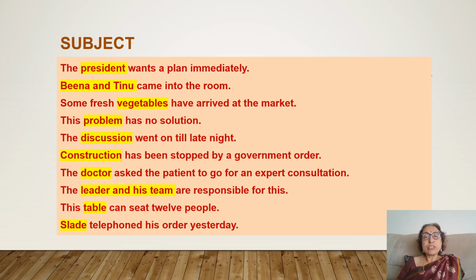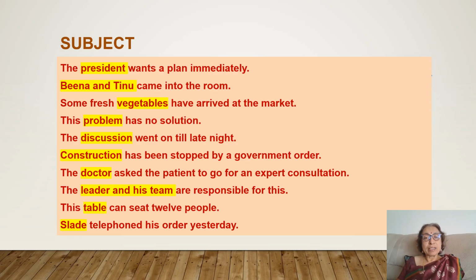In the next few slides, we shall see examples of each of the noun functions. As you can see, I have put the noun, which is the subject in these sentences, in highlighted form with yellow. The sentence reads, the president wants a plan immediately. Now there is a noun president, there is a noun plan.